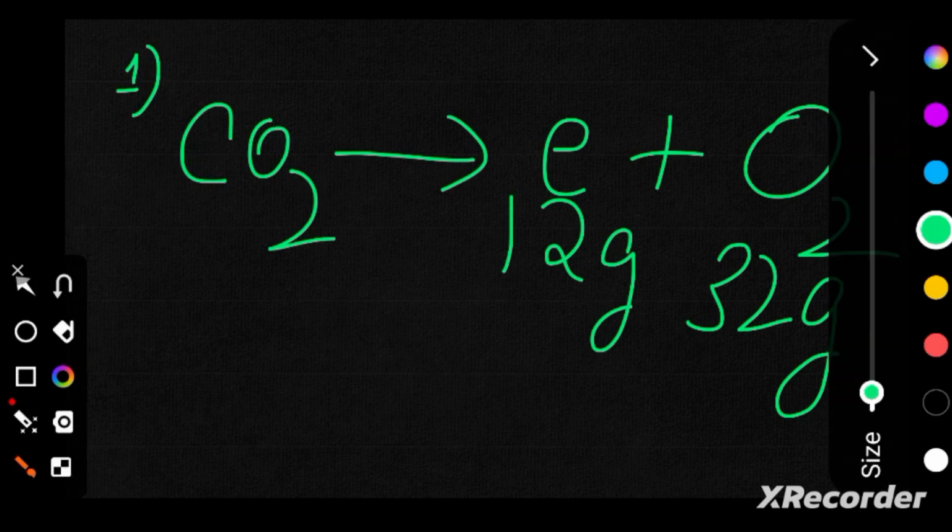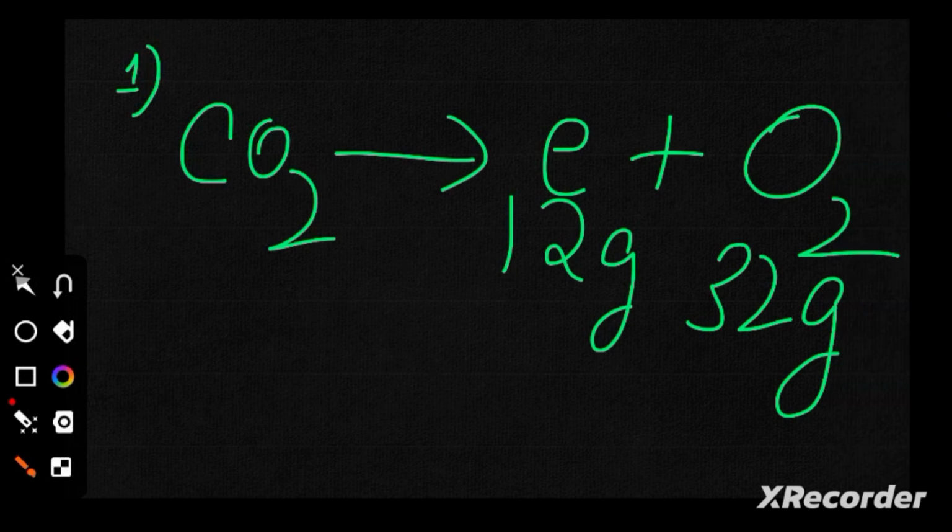Whether this oxygen comes from any vehicle, from any industrial factory or any other place, the proportion in carbon dioxide is never gonna change. It doesn't matter what the source is. It's about the proportion of these two elements.